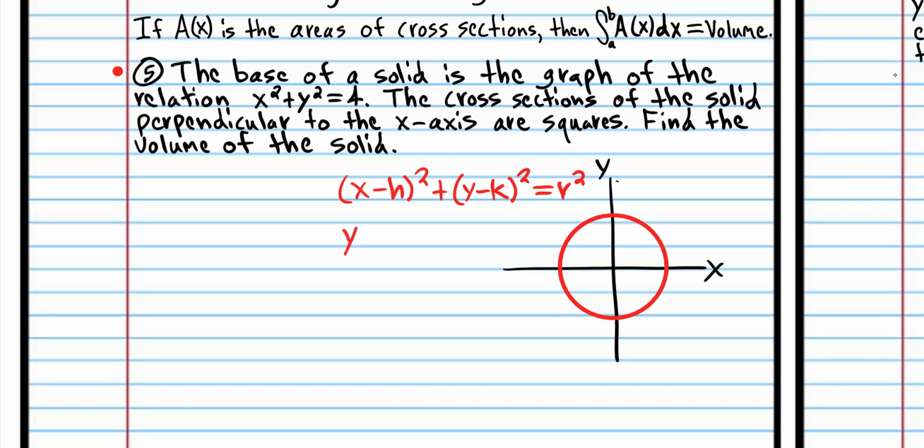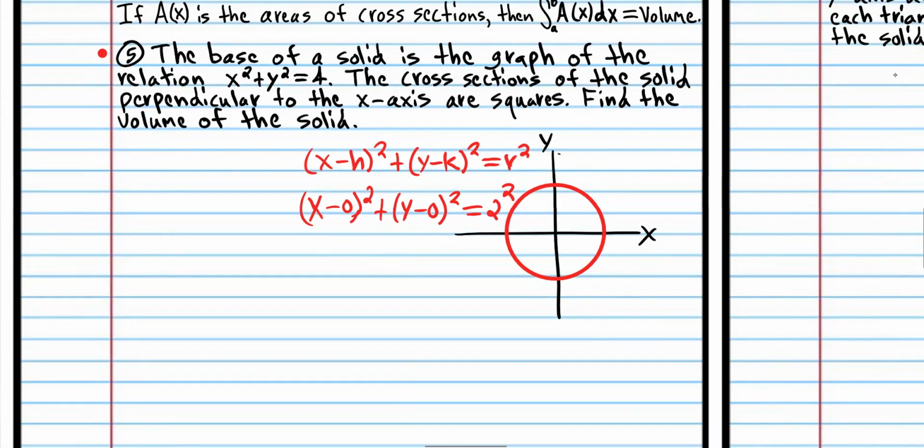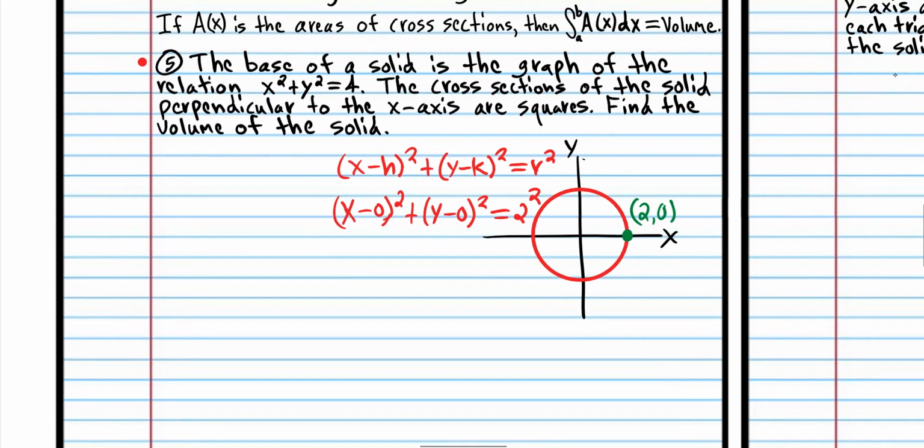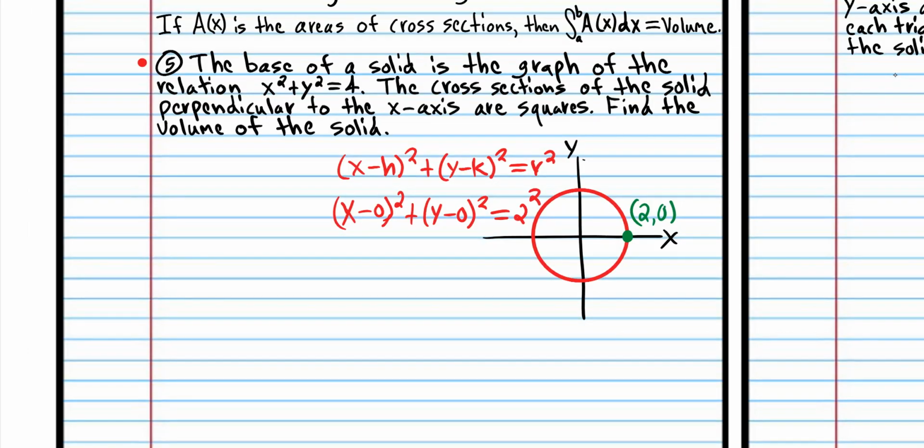And what we have here is x minus 0 squared plus y minus 0 squared is equal to 2 squared. That's this equation up here. So the radius of the circle is 2. That point, for example, is 2, 0. So this is the base of the solid.